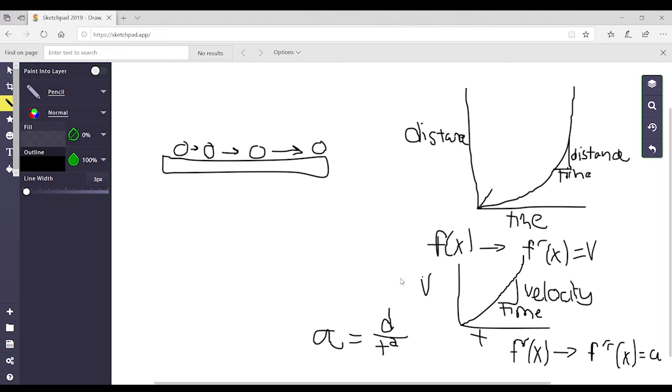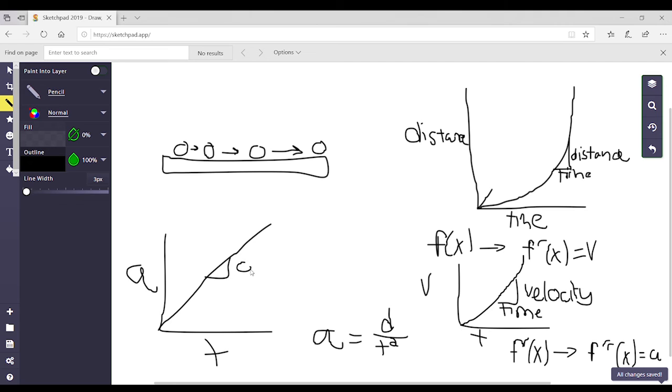So, if we were to draw acceleration on a graph, it might look like this. And you can keep taking derivatives to get, say, the acceleration of the acceleration. So what is that? Because that sounds complicated. If we were to take the derivative, that's the third derivative of distance, and it would be the acceleration as time goes on.